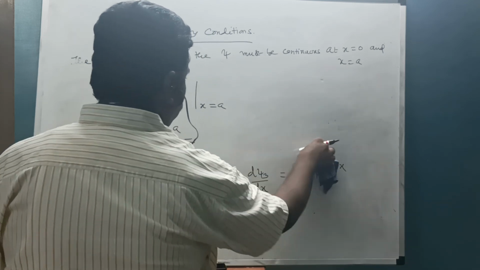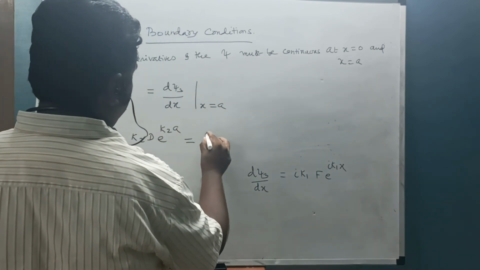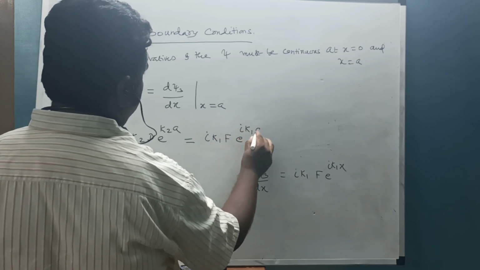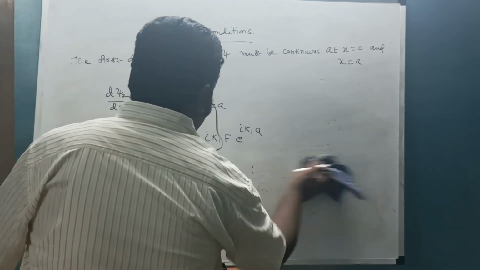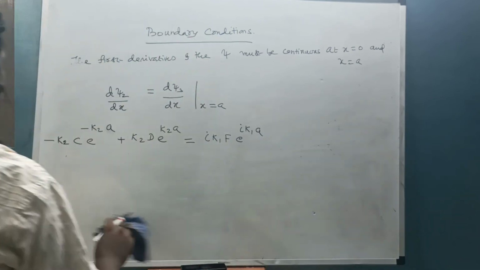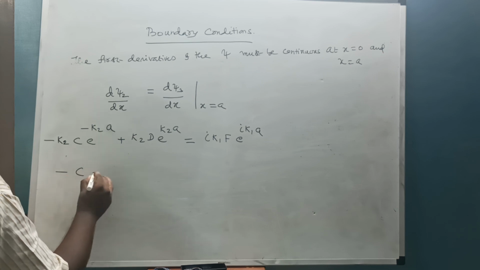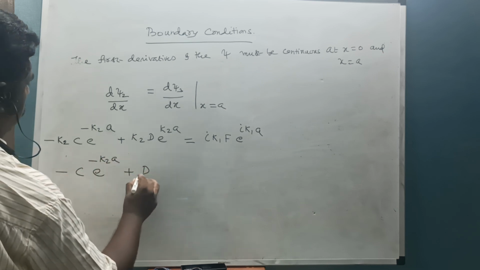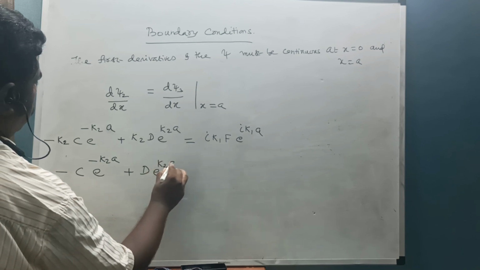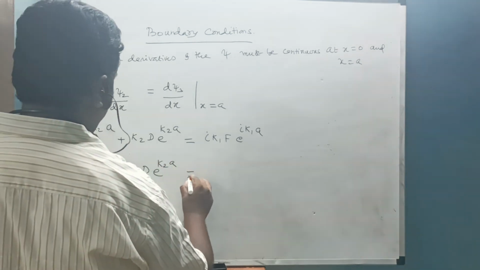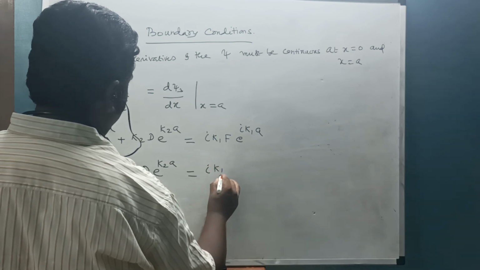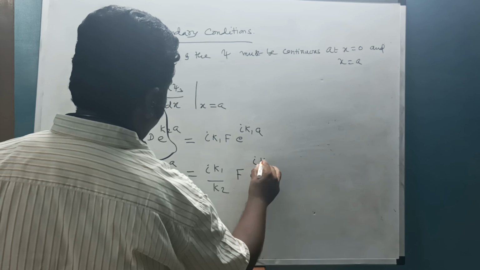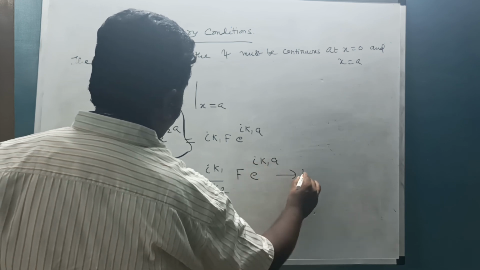We substitute this value: ik1 f e^(ik1a). Now this is minus c e^(-k2a) plus d e^(k2a), which is equal to ik1 by k2 f e^(ik1a). This is our equation 13.